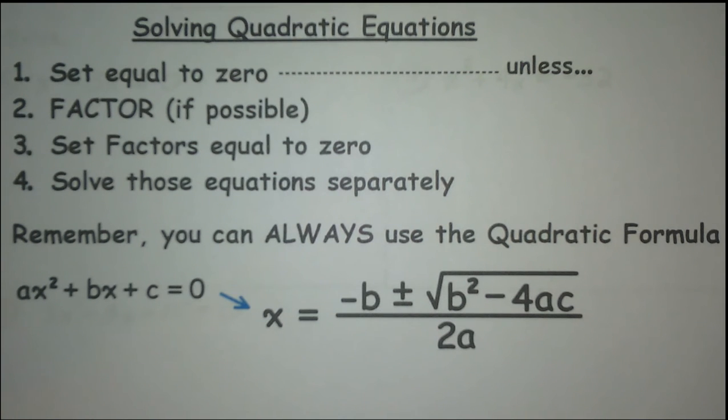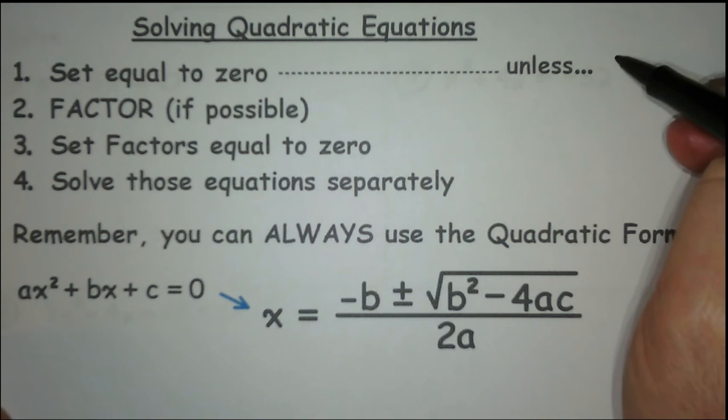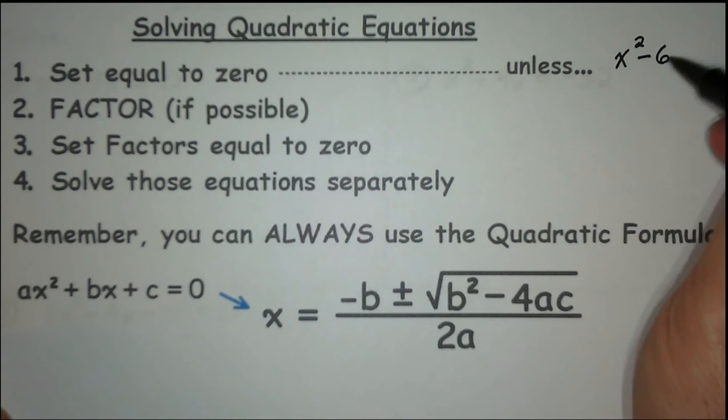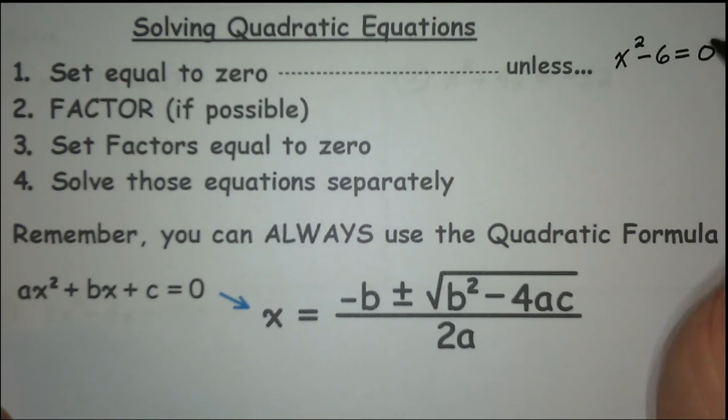strategy or the steps. You're going to set equal to 0 first, unless you notice that it's something like x squared minus 6 equals 0.